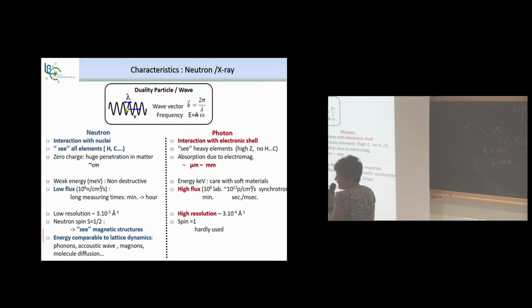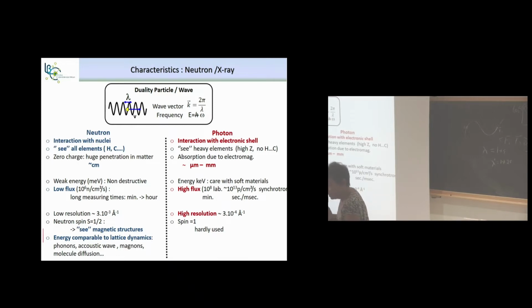But they have high flux, so this can also be interesting, because for neutrons there is low flux. They are produced in the reactor, and the flux is several orders of magnitude less than with a normal X-ray lab, and even worse if you compare to synchrotron radiation.